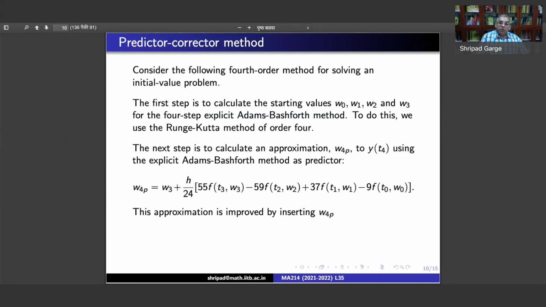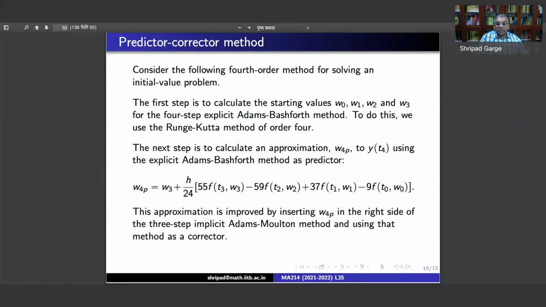approximation, it is then improved by inserting this predicted value of W4 in the right hand side of the 3-step implicit Adams-Moulton method. You remember that the 3-step method for Adams-Moulton will have W4 equal to W3 plus h by 24, and then you will have something f of (t4, W4).